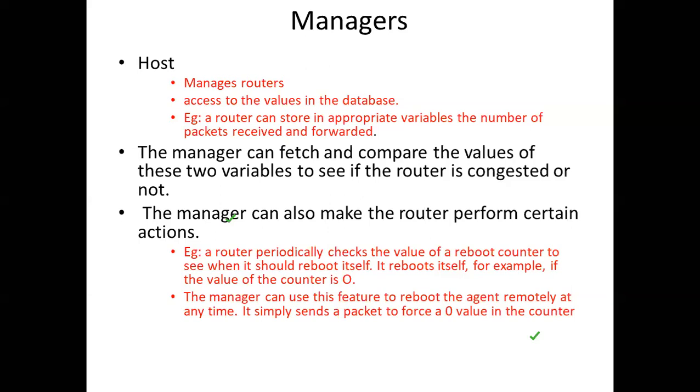For example, the number of packets received could be 30 and the number of packets forwarded could be 20. That means 10 were not forwarded at that particular moment of time. That data can be sent back to the host. The host can access that data and check whether the router is working correctly or not.